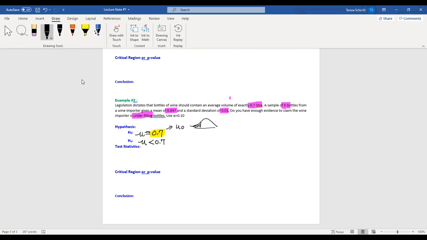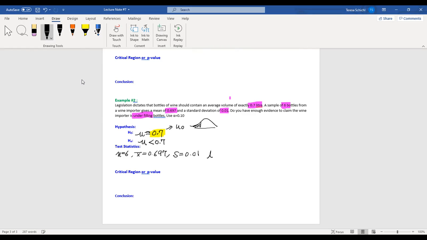The sample is 6, so n is equal to 6. The mean from this sample is 0.697, so x bar is 0.697. The standard deviation is 0.01, from these 6 bottles, so it's s, 0.01.